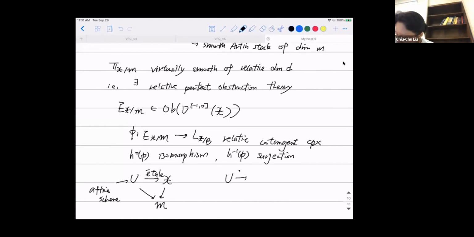We consider i a closed embedding, and W a non-singular scheme.